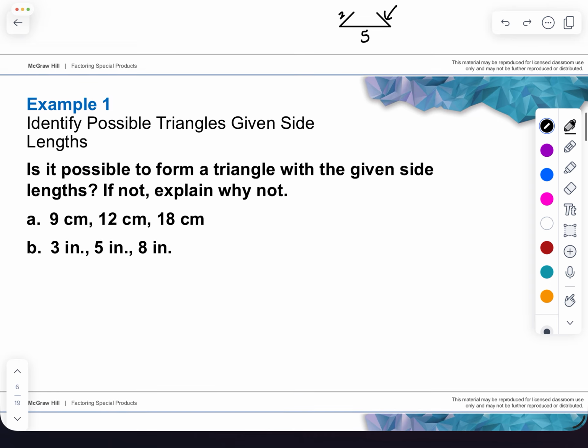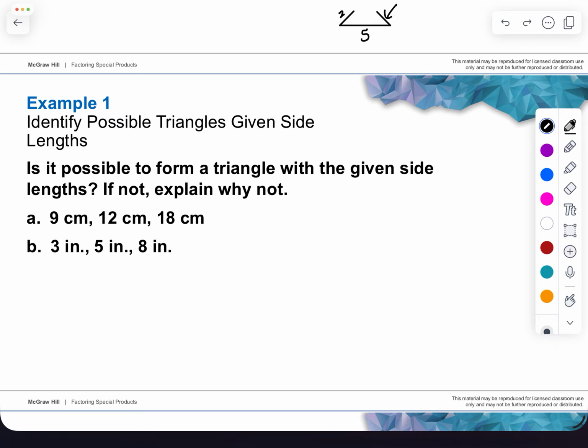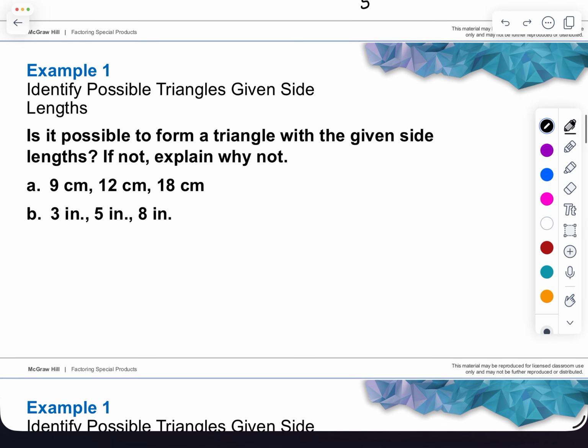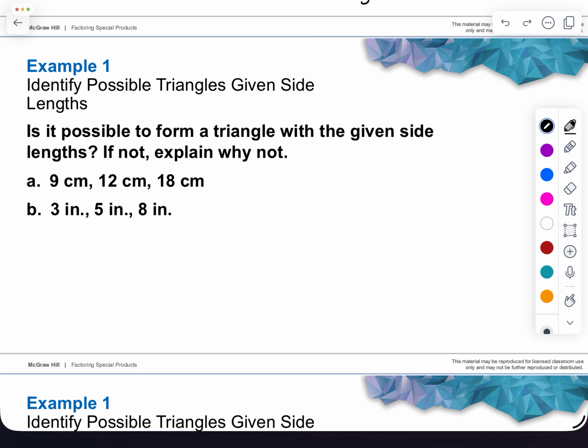All right, so let's look at that. The sum of any two sides must be greater than the third. So is it possible? We're going to go ahead and add 9 plus 12 equals 21. They're greater than 18. Yep, that works.